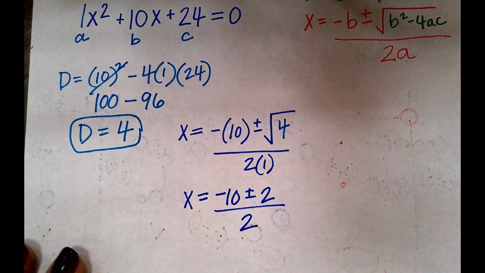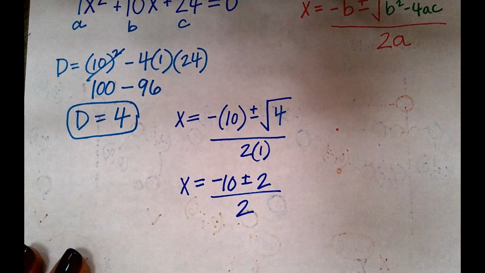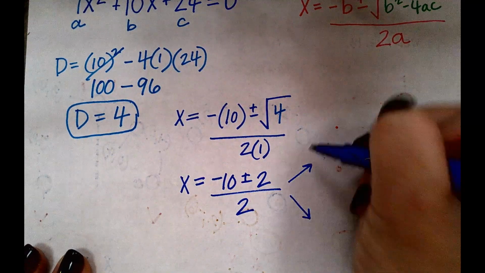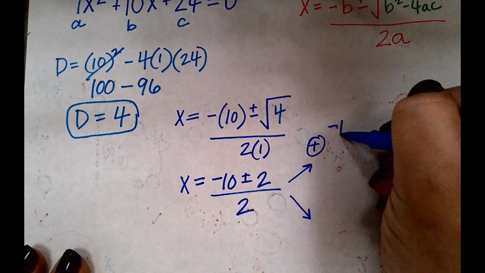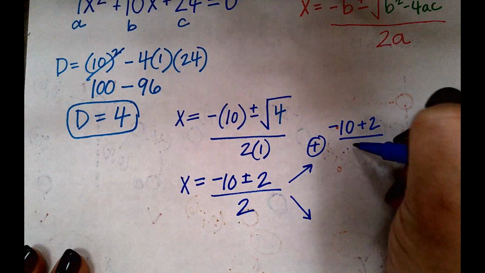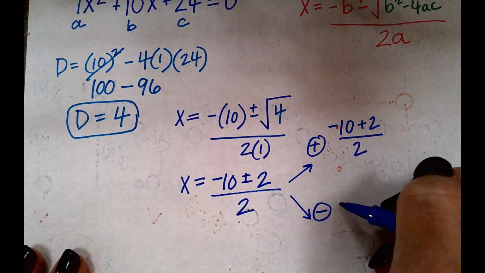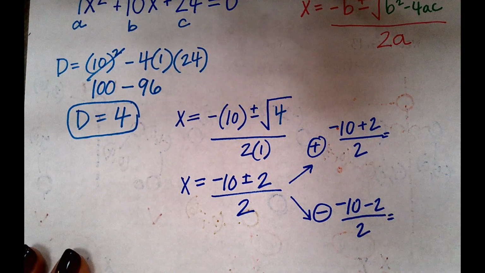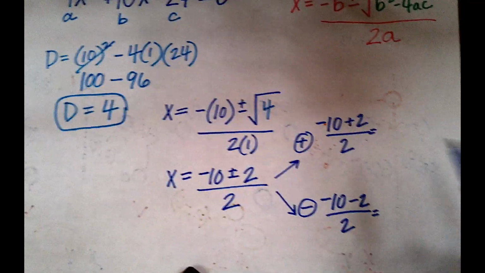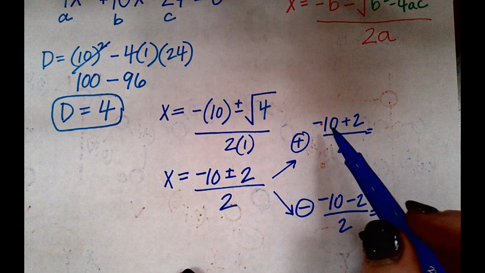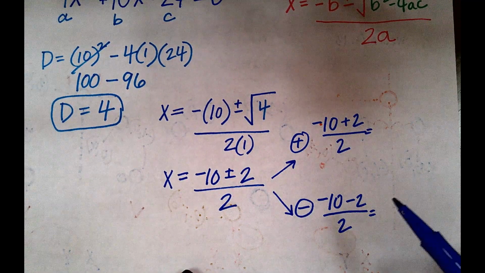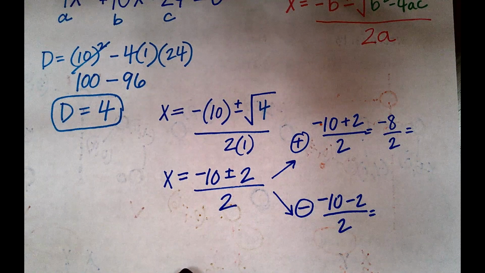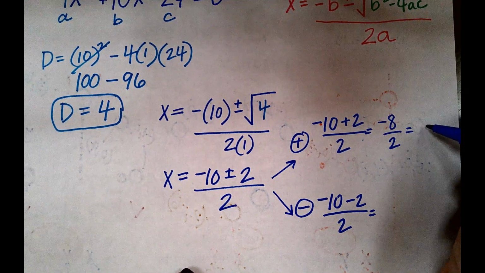And then you're gonna break it up into negative 10 plus 2 and negative 10 minus 2, all that over 2. Perfect. The negative 10 plus 2 over 2 is negative 8 over 2, and then that's going to equal negative 4.